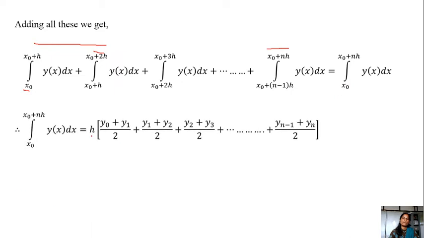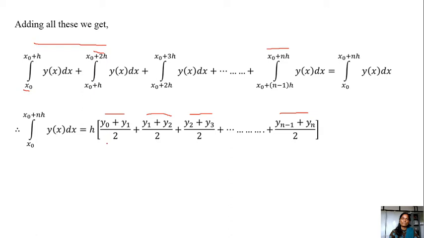And collect the RHS terms. So for the very first integration, the term h is common in all these terms, so you can take it outside of that bracket, and in the bracket the very first term is (y0 plus y1) divided by 2, for second (y1 plus y2) divided by 2, for third (y2 plus y3) divided by 2, etc. And for the last term (yn minus 1 plus yn) divided by 2.